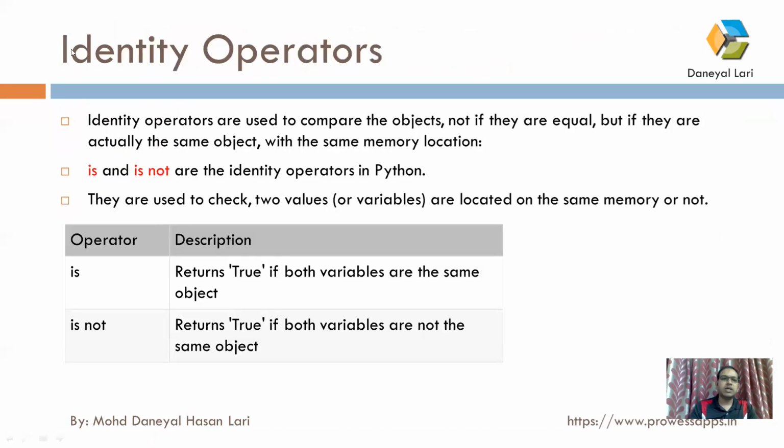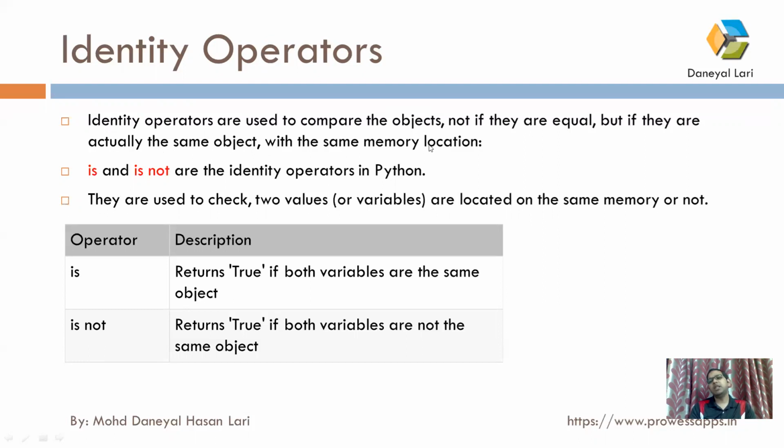Another operator is called the identity operator. To understand this, just understand the meaning of identity. Identity means the memory address. We have already seen the id function to check the identity of an object. So identity operators are used to compare objects, not whether they are equal, but whether they are actually the same object with the same memory location.